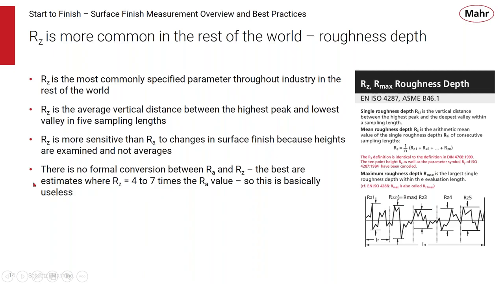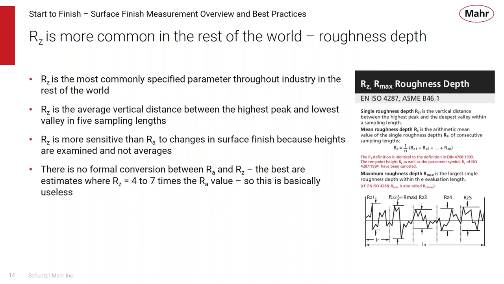The important thing to remember is, people try to convert R sub Z to Ra, and there really is no formal conversion between those parameters. You have to measure that surface with the R sub Z or the R sub A parameter.